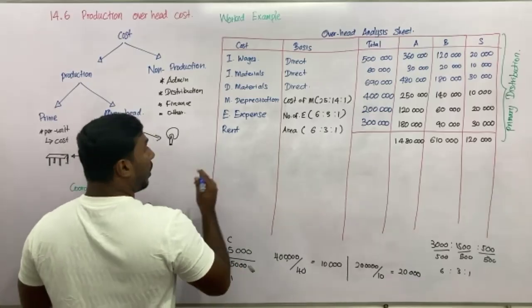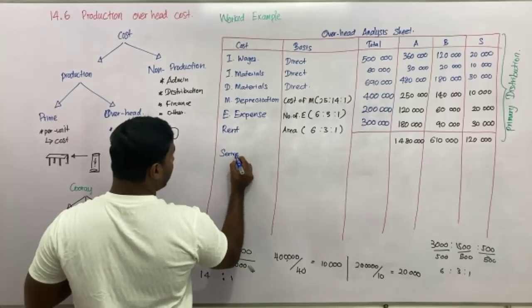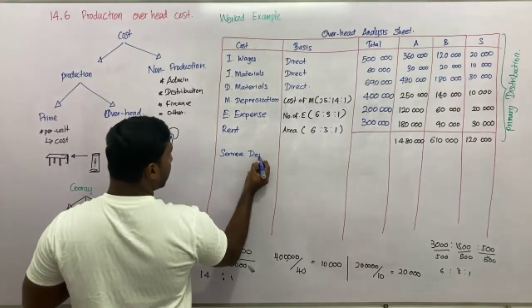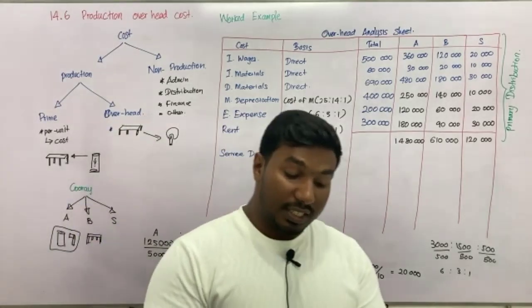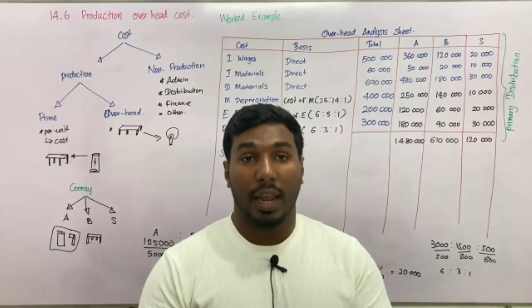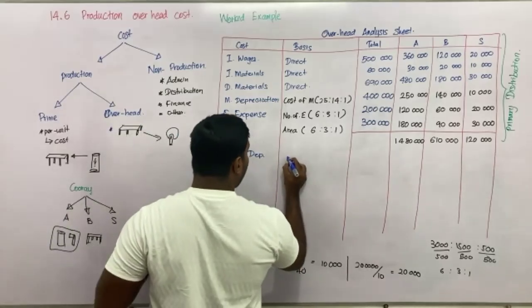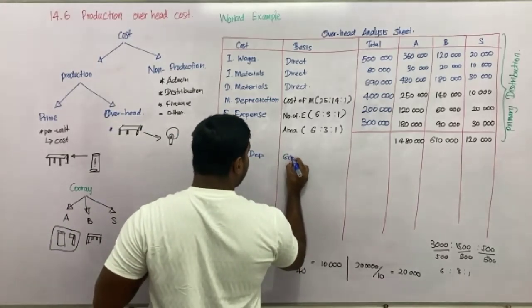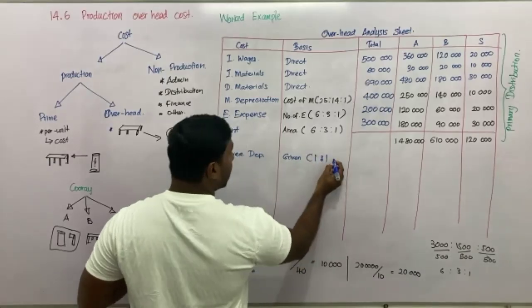So we'll say that service department. Okay. So in secondary distribution, the question says service department cost 1 into 1 for A and B. So the basis is given. 1 into 1 is the appropriation basis.